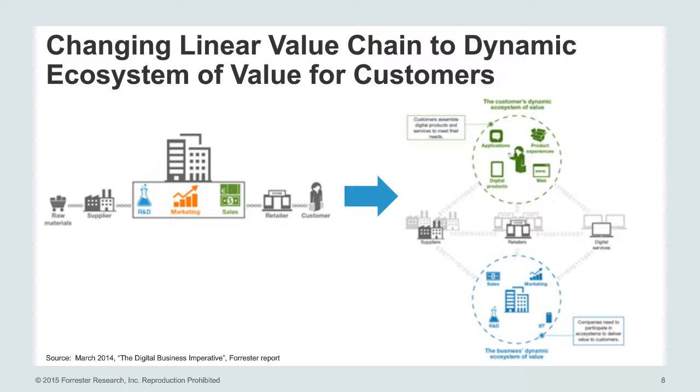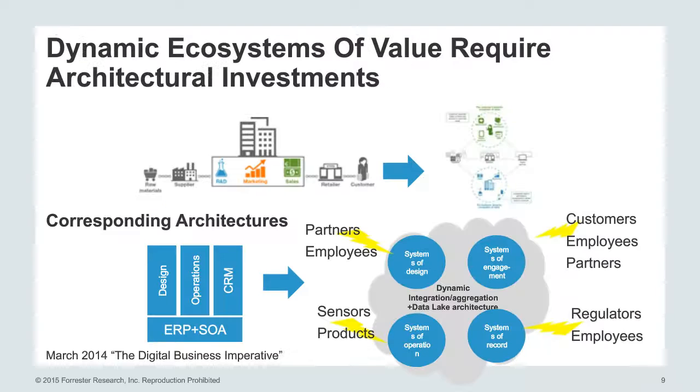And unfortunately, companies should care about what customers care about. So that's in those dynamic ecosystems that companies should play. And again, because there is more and more competition within the customer's ecosystem, companies should join dynamic ecosystems for more value for customers.